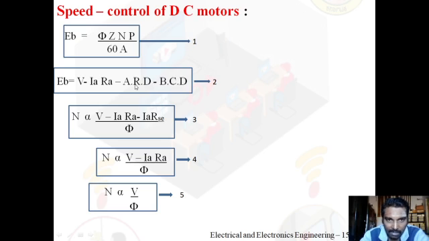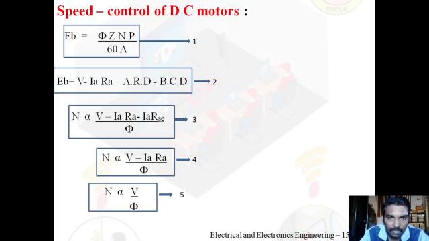If you neglect the constant parameters and equate equation 1 and equation 2, you will get the speed is directly proportional to V minus IA RA minus IA RSC divided by flux.